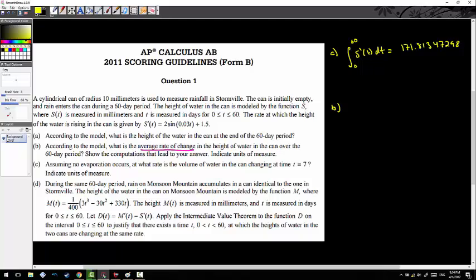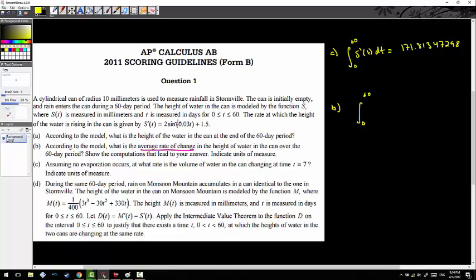This time, in order to find the average rate of change, I'm actually going to use integration. Now, why is that? Why don't I do s prime of 60 minus s prime of 0 over 60 minus 0? I'm not going to use y2 minus y1 over x2 minus x1 because if I did that, I'd get an average rate of change of a rate that's already there. I'm finding the average of that rate.